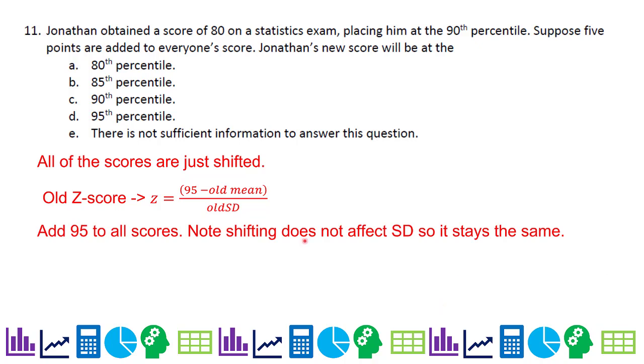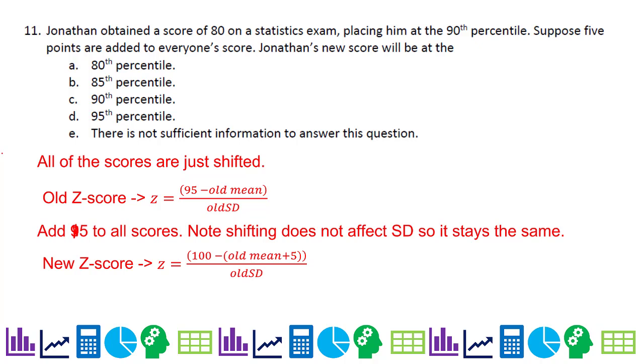Sorry. Here we go. Let me just get rid of that pointer option. Little typo. We're not adding 95. We're just adding 5, to all the scores. Note that shifting does not affect SD, so it stays the same. Then we get a new z-score where my new score is 100 because we added 5 to his score. Then we have to subtract the new mean.